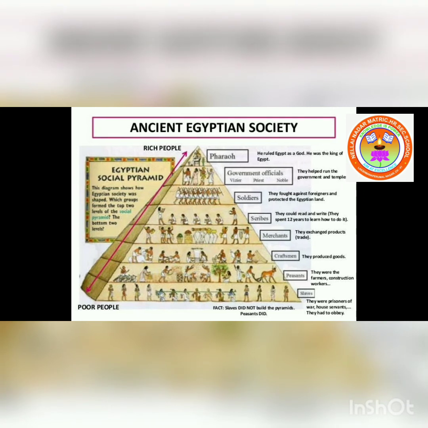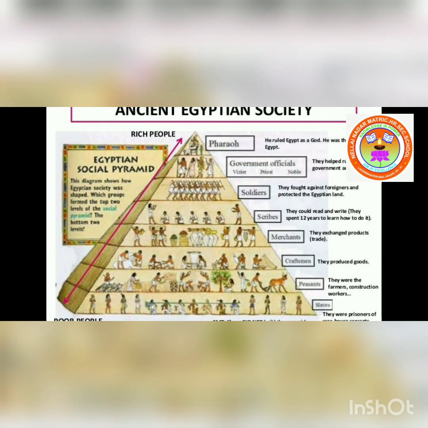Here, in ancient Egyptian society, the Egyptian king was known as the Pharaoh. Here, children, in this pyramid explanation, you can see everything. Here, the first one, Pharaoh. The Egyptian king was known as the Pharaoh.